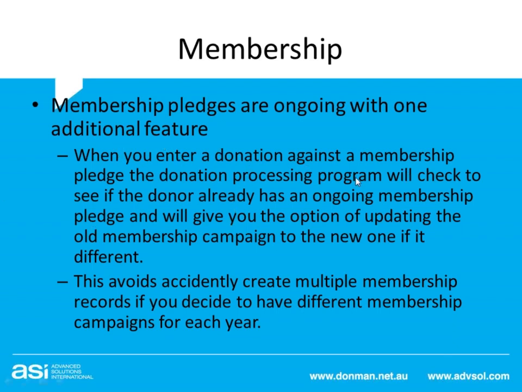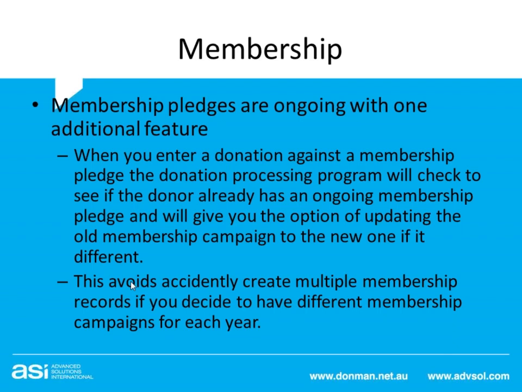When you enter a donation against a membership pledge, the donation processing program will check to see if the donor already has an ongoing membership pledge and will give you the option of updating the old membership campaign to the new one if it's different. Now, the reason we have this in Donman is it avoids accidentally creating multiple membership records. So, for example, if you have the one membership campaign called Member, and that's all, it's simple. You'll never have this problem because you'll always be updating that.